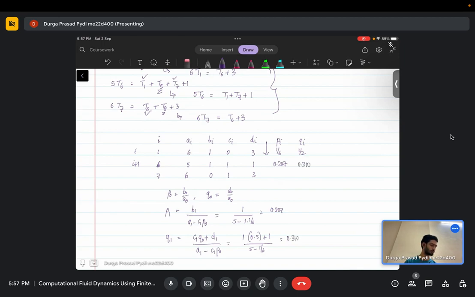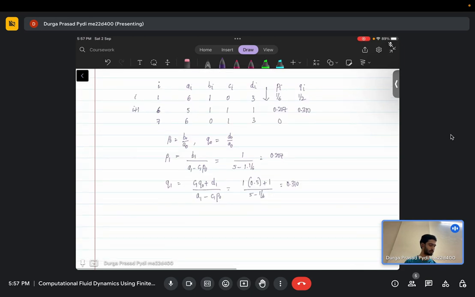And for the last one, P will be 0, and your Q2 will be C2 times Q1 plus D2 by A2 minus C2 into P1.